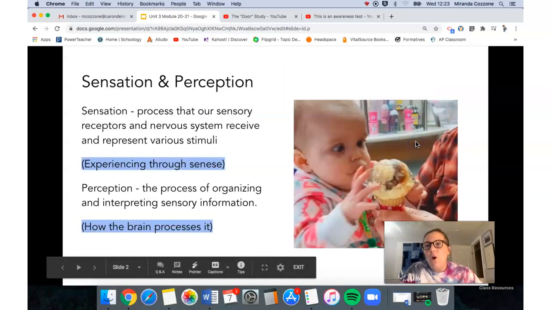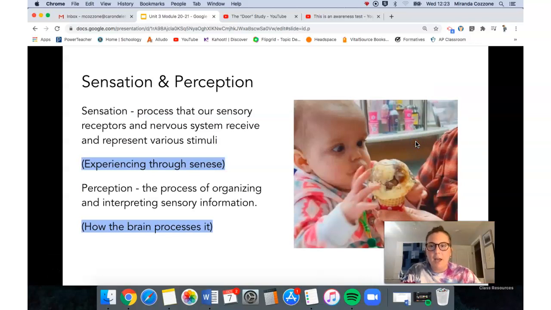So when we say sensation and perception, what are we talking about? Sensation, the textbook definition, is the process by which our sensory receptors and nervous system receive and represent various stimuli. Hopefully it's coming full circle now why we looked at nerves and the brain: it helps us understand how we experience reality.